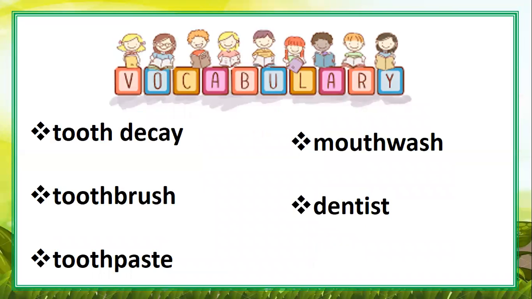Now let me introduce to you the vocabulary words that you should learn and understand in this lesson. So we have here tooth decay, toothbrush, toothpaste, mouthwash, dentist. Kindly repeat after me. Tooth decay.